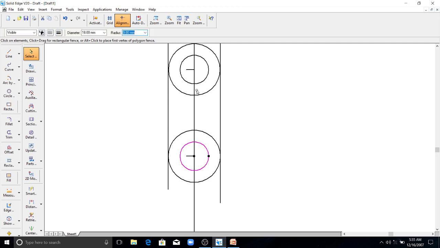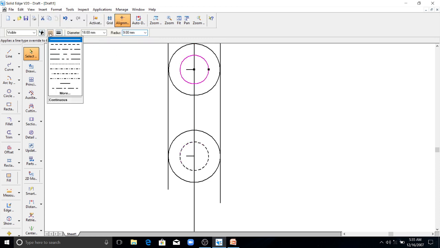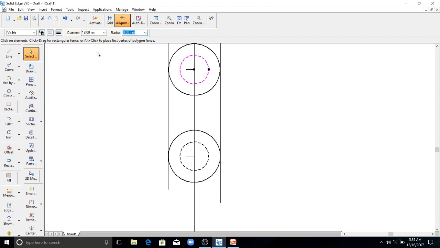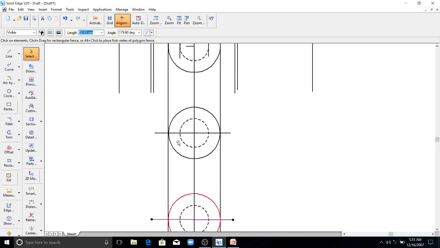These holes are invisible, so make it in dotted lines. Here vertical center. We have 3 centers here.